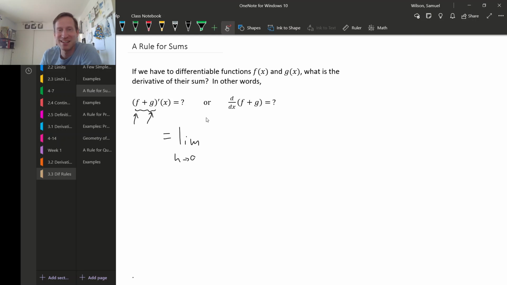This is the limit as h goes to 0 of f plus g of x plus h. Now be careful here, this isn't multiplication, so don't go distributing this. This is a function evaluation. So f plus g of the x value x plus h minus the function f plus g of x, all over h.